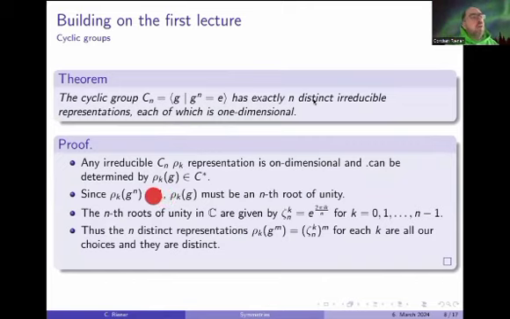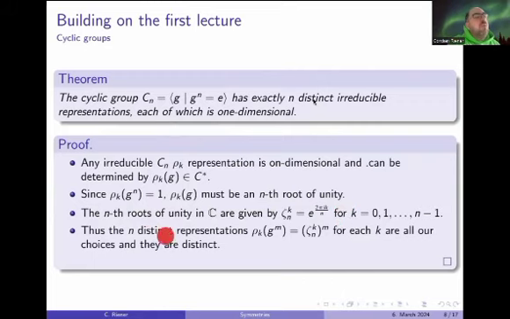Once I specify this number, I have uniquely specified the representation because I get everything else just by powering. But on the other hand, because of this property, rho k evaluated at G to the power n has to be 1. So in particular, this has to be an nth root of unity.